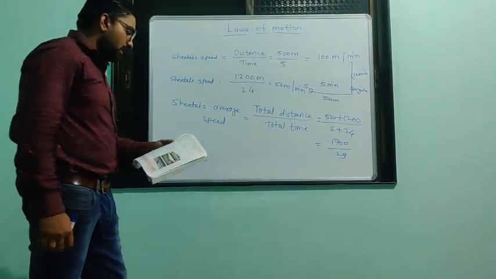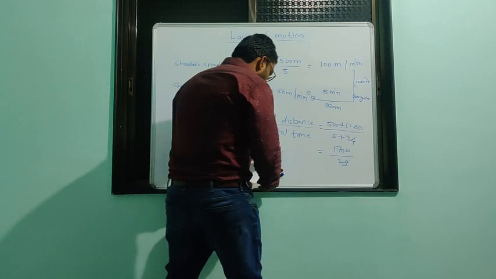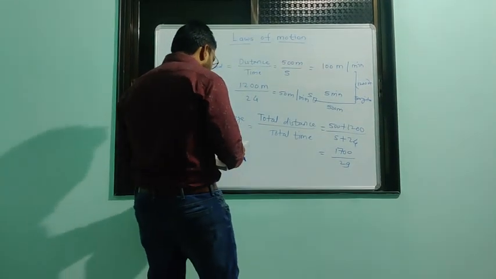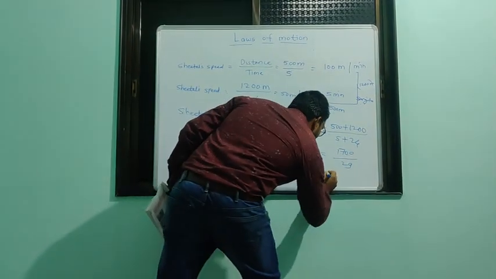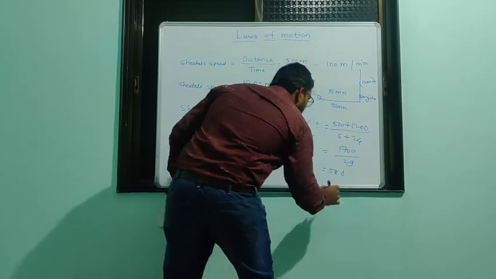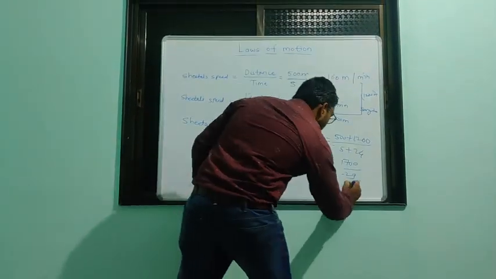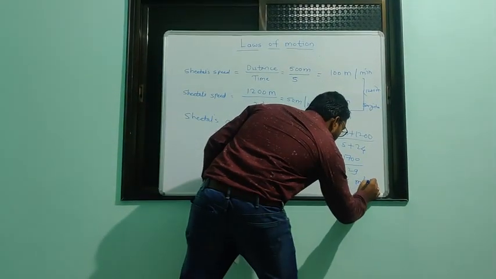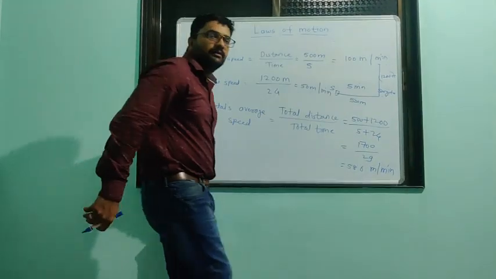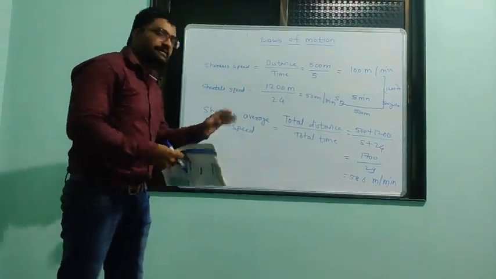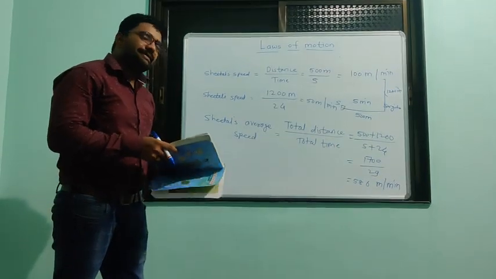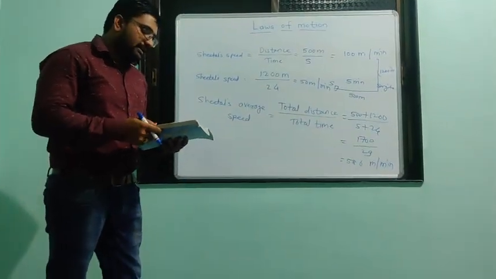Your answer will be 58.6 meters per minute. That is Sheetal's average speed.